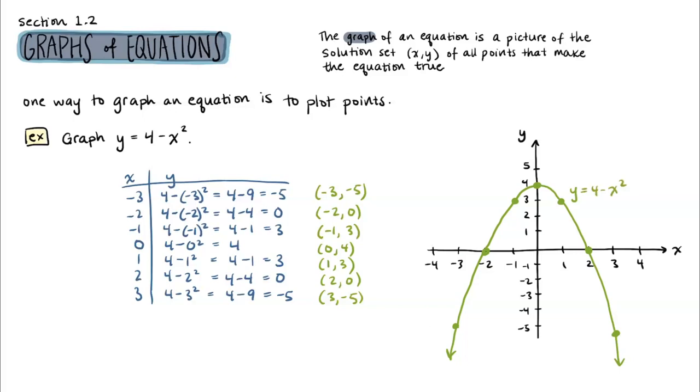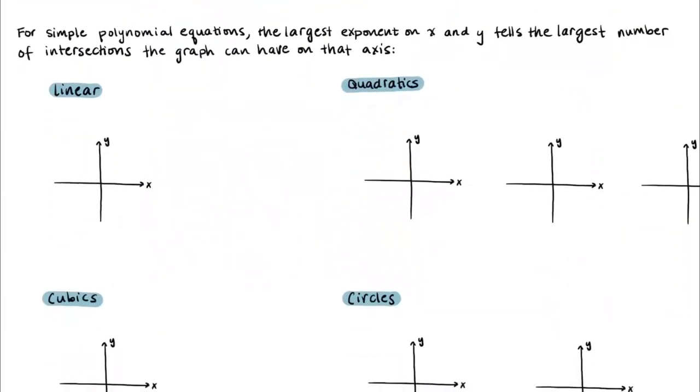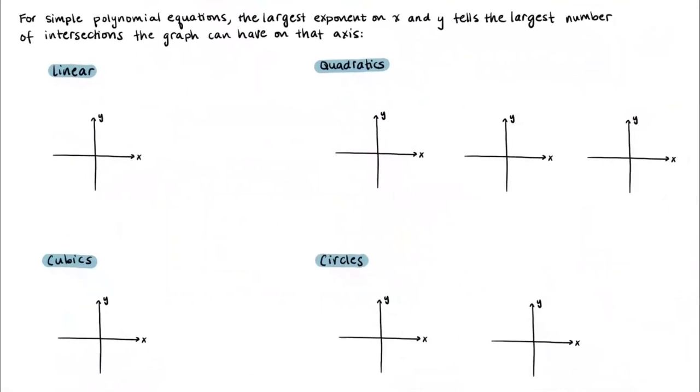Okay, this is a very tedious way of graphing an equation. So we'll talk about a second way, but before we do that, I just want to review with you what the exponents can tell you when you're looking at an equation. They can give you a lot of information. Let's talk about simple polynomial equations.